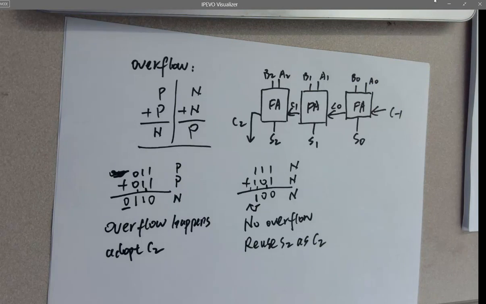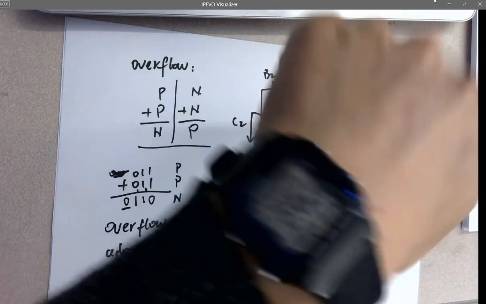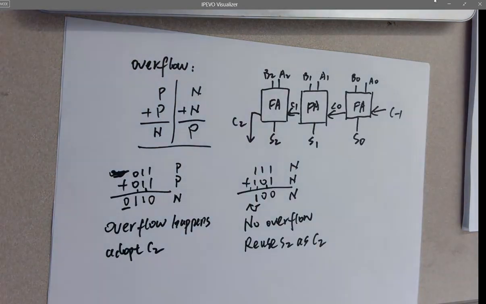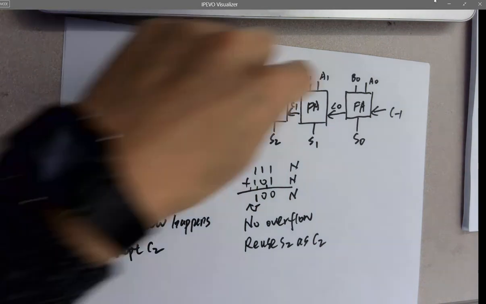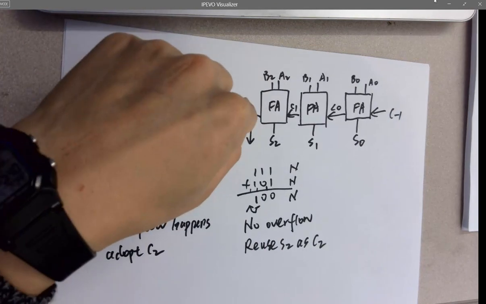I mean, if you have A2, A1, A0 being added to B2, B1, B0, the two numbers being added together, are you getting a certain C2 or is it changeable? It's a certain C2, because these are computational logic. So you will get a certain C2 here.